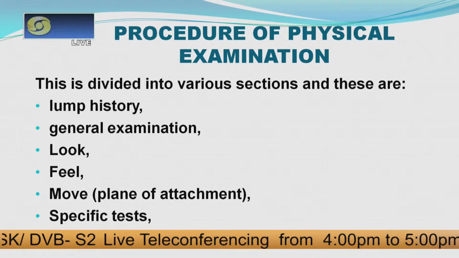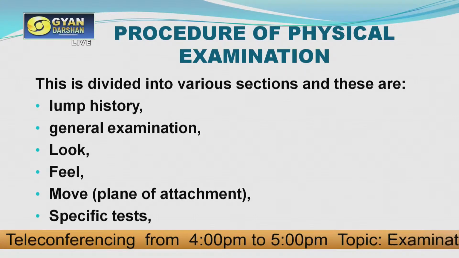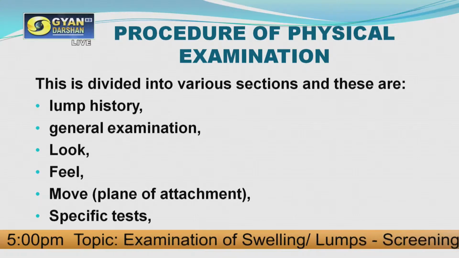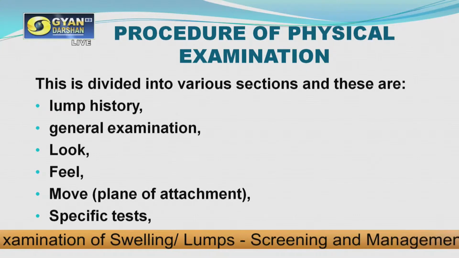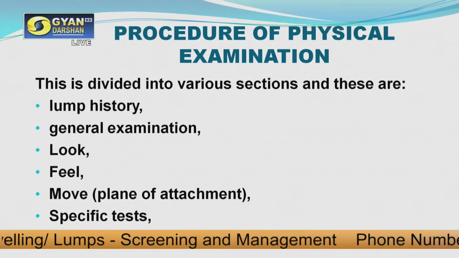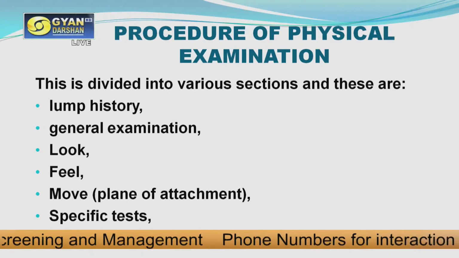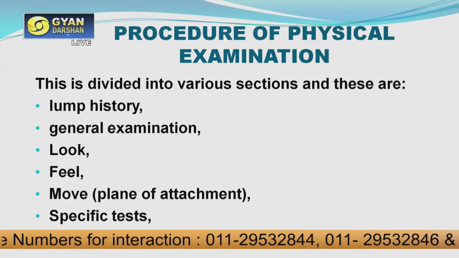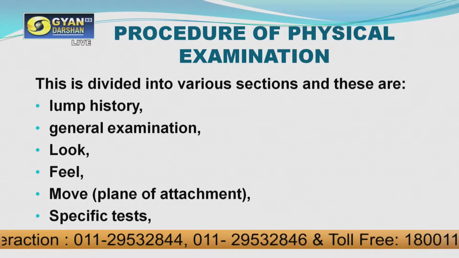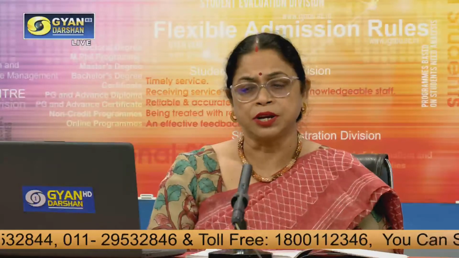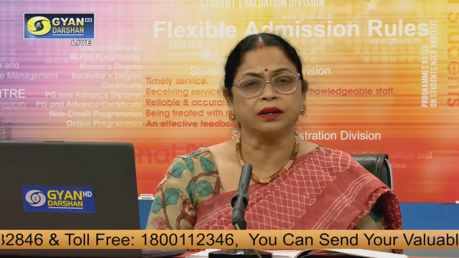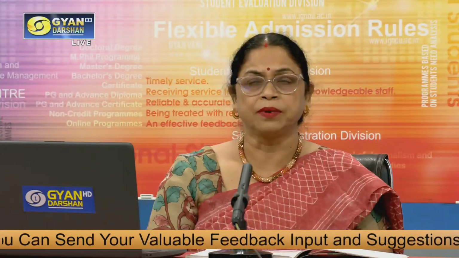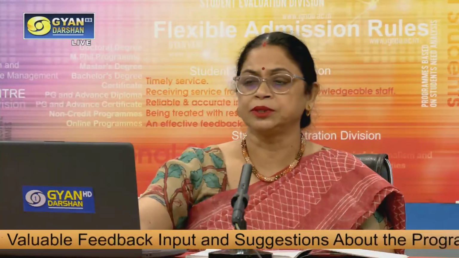You are also going to apply palpation, or feel and move, or plane of attachment of that lump to the skin, and there can be specific tests. When the patient is coming with a history of lumps, it is not that the lump only is important, but the other associated symptoms which the patient is complaining of are also taken into consideration, so that you can make the correct diagnosis. And the location of the lymph nodes where the patient is having swelling or lumps.